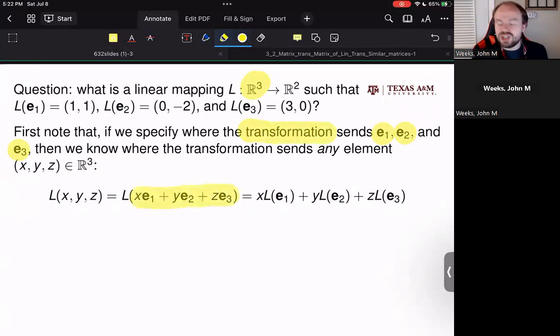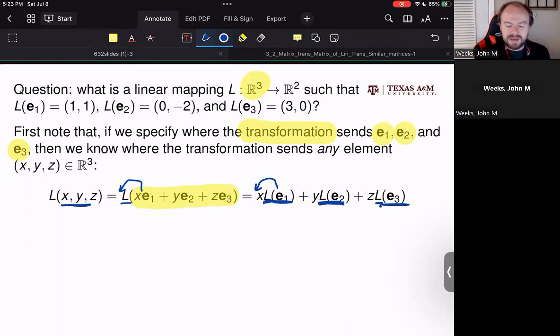Here is a generic linear combination of E1, E2, and E3, and look what happens. L is a linear transformation. Linear means if you have addition signs inside, you can break it apart, and if you have scalar multiples, you can bring them outside. That's exactly what you get for each of these terms inside your function. So if we know where L of E1, L of E2, and L of E3 go, we know where everything goes.